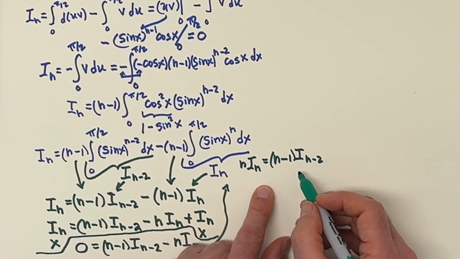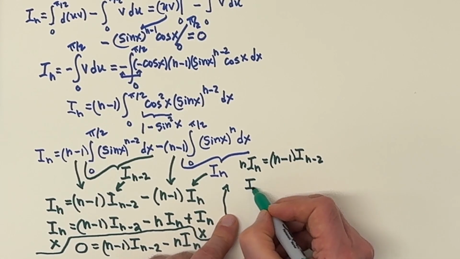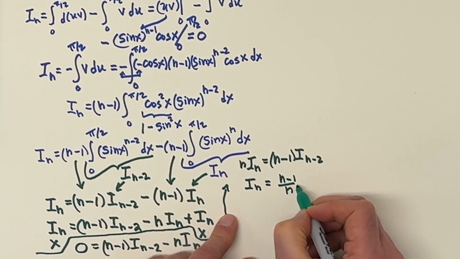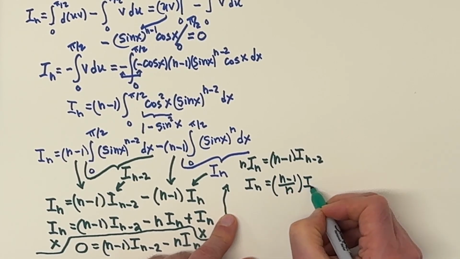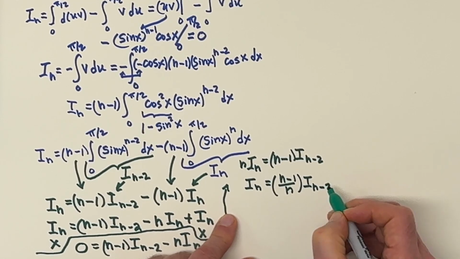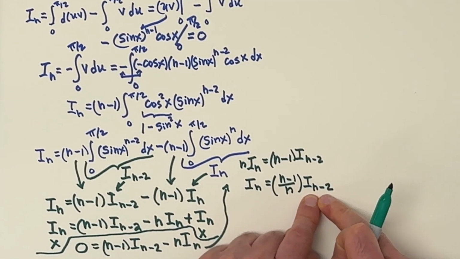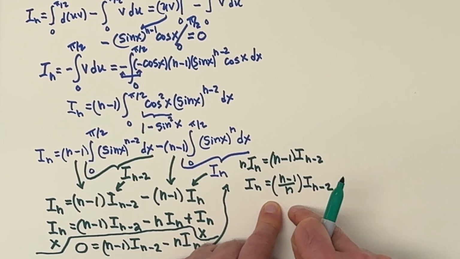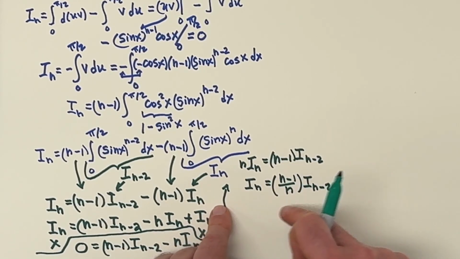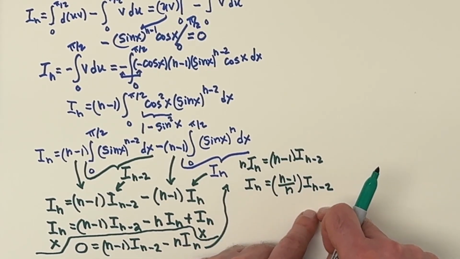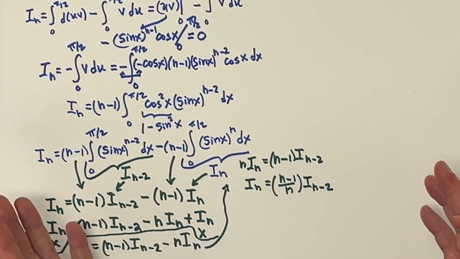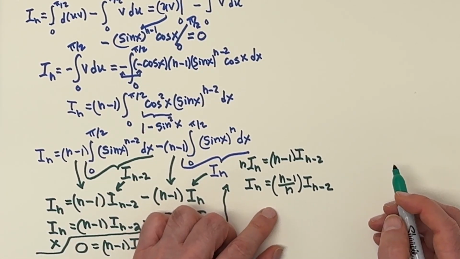And then what we can do is we can write I sub n is n minus 1 over n times I sub n minus 2. So this one has less of a power. And you can imagine writing this one again, where you have an n minus 2 here, n minus 4, and keep going down till you get to something real simple, and then build up.